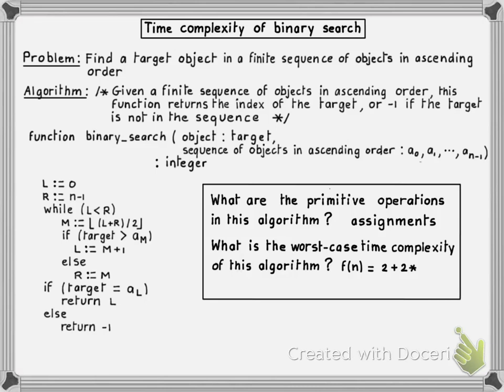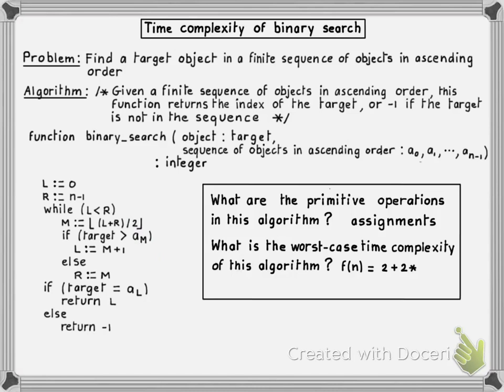So let's compute this final number. Remember that binary search operates by considering a subsequence of the whole sequence. Initially, the subsequence is equal to the whole sequence, and then every time through the loop, the length of the subsequence is cut in half.